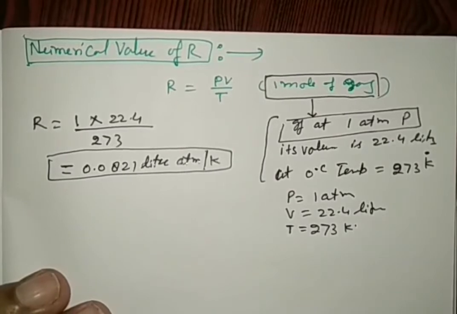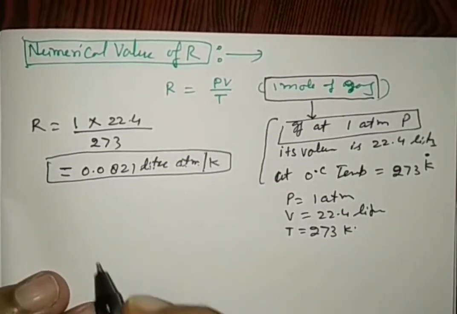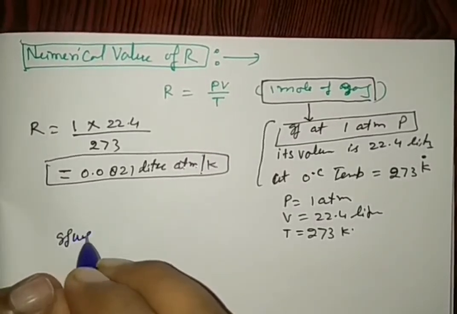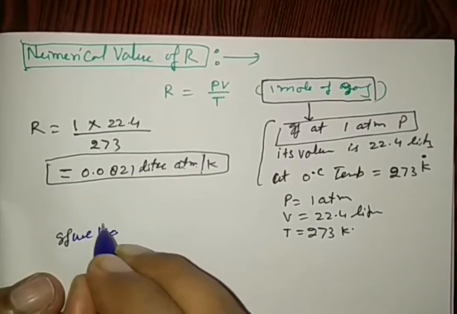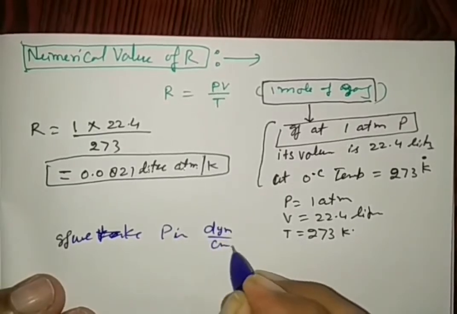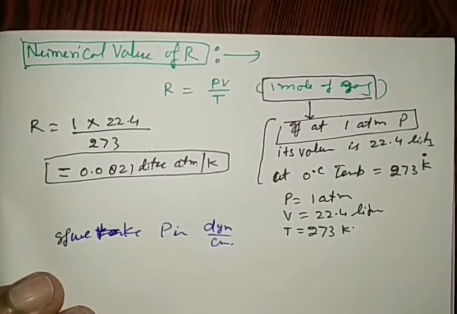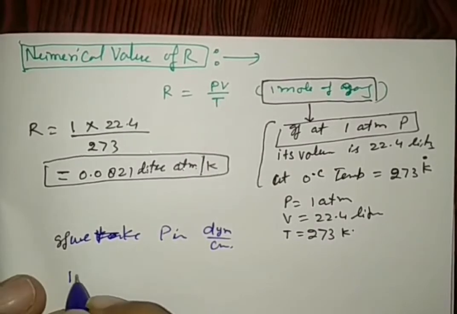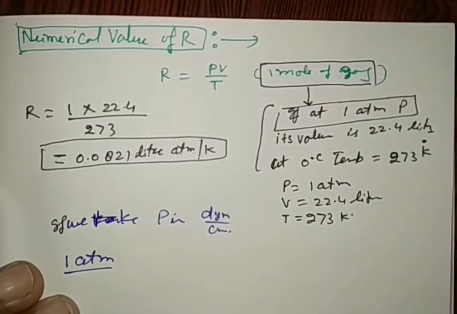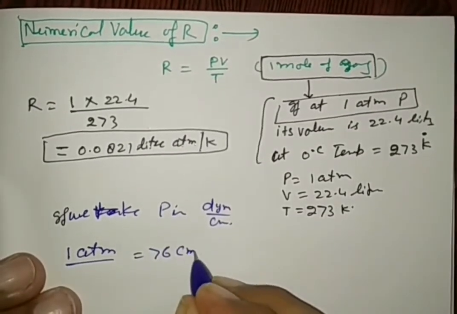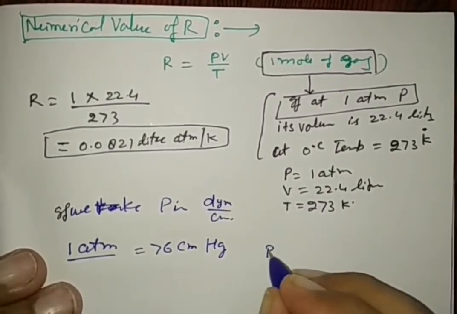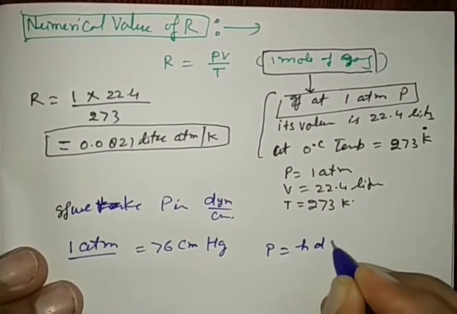It can be obtained in some other units too. If we take pressure in dyne per centimeter square, see how pressure is. 1 atm, atmospheric pressure, is 76 centimeter of mercury height. We know pressure is given by the formula hdg.